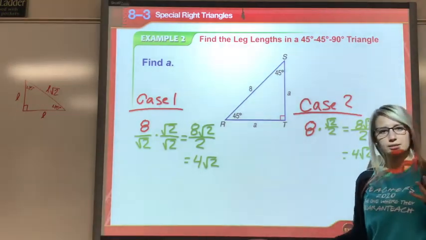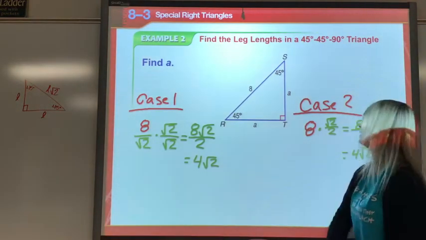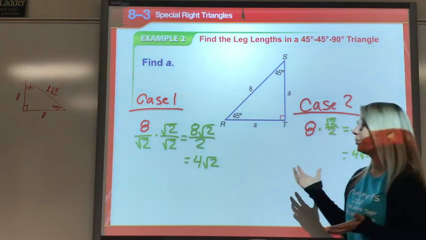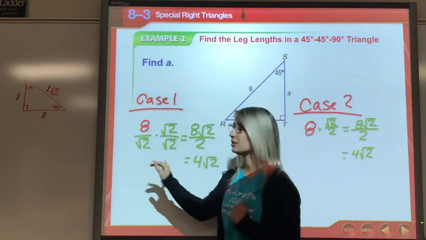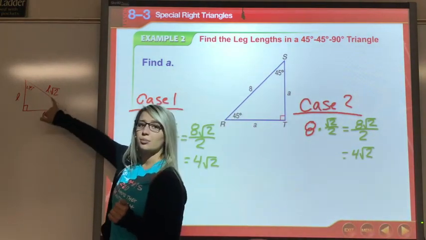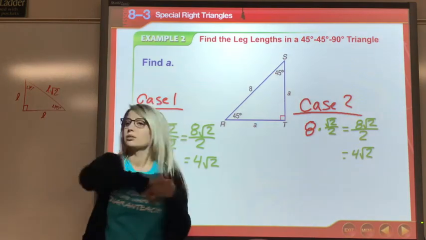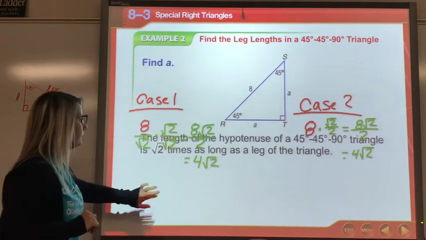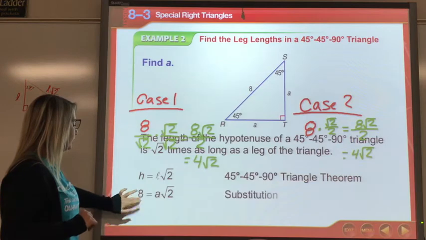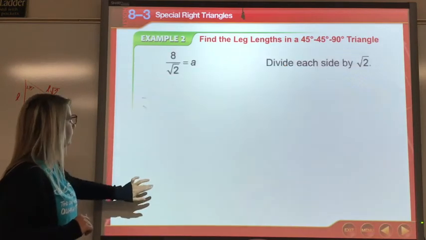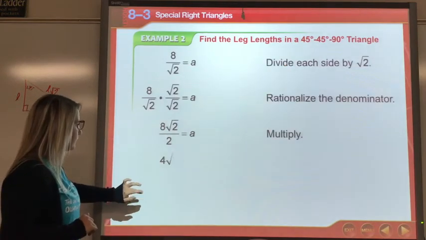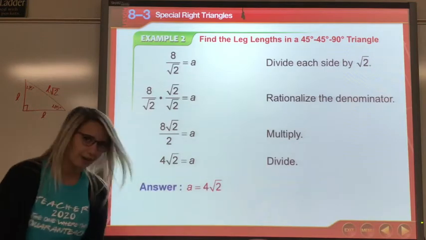So there's 2 different ways that you can do that, whichever is your preference. This way is a little bit quicker, but this way is maybe the easier way to remember by just going from the leg to the hypotenuse. So we got 4 root 2.